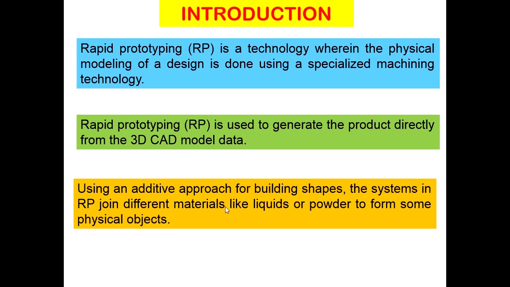It may be in liquid form, powder form, or solid form. Depending on the material we are using, liquid, powder or solid, we have different techniques of rapid prototyping. Rather, we can divide the rapid prototyping techniques based on what raw materials we are using for the manufacturing. We will see that in the coming slides.